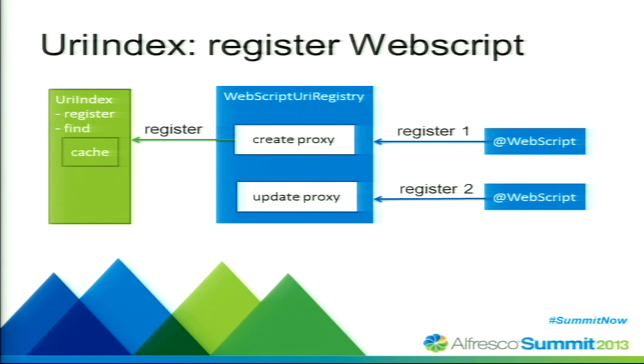Whenever a new request comes in for /a, it will directly look in the cache and it will keep on saying there is no web script. Even after we install our extension, it will keep on saying there's no web script handling this method. So in those rare cases, what you do, you go to the Alfresco service index page, Alfresco/service, and you have to refresh the web scripts manually.